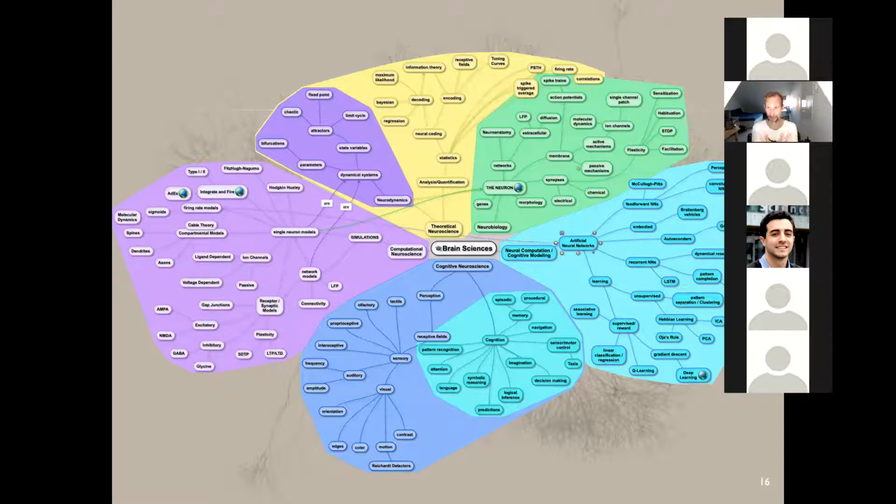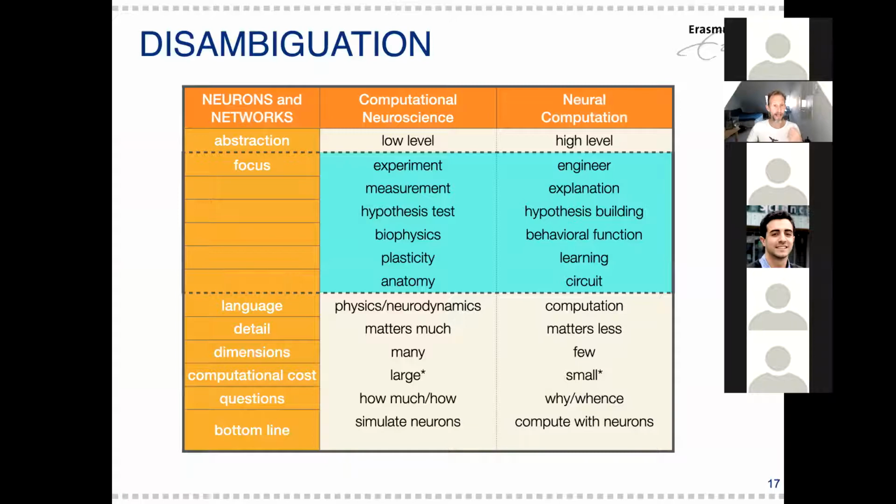These are by no means sharp boundaries, and some people might not completely agree with me on these definitions. And yet, I decided that it's important that we align our heads to the important dimensions of these problems. This is why this slide exists. It's a disambiguation between computational neuroscience and neural computation.